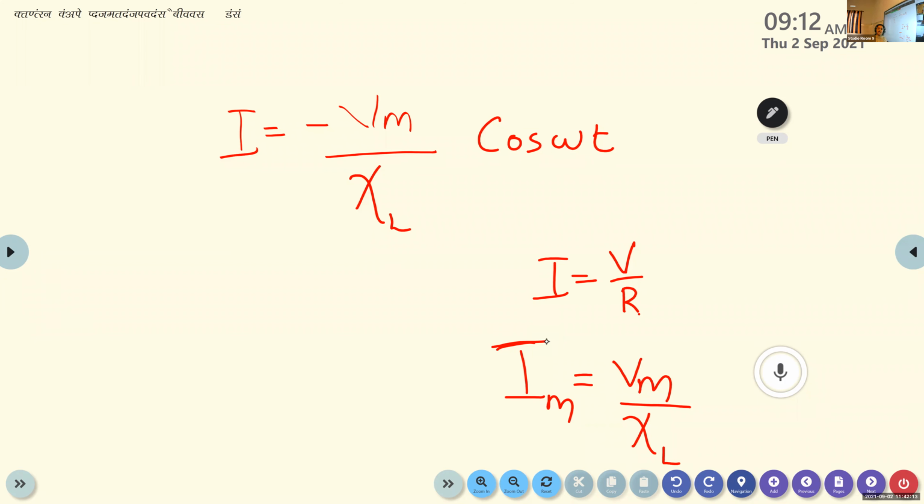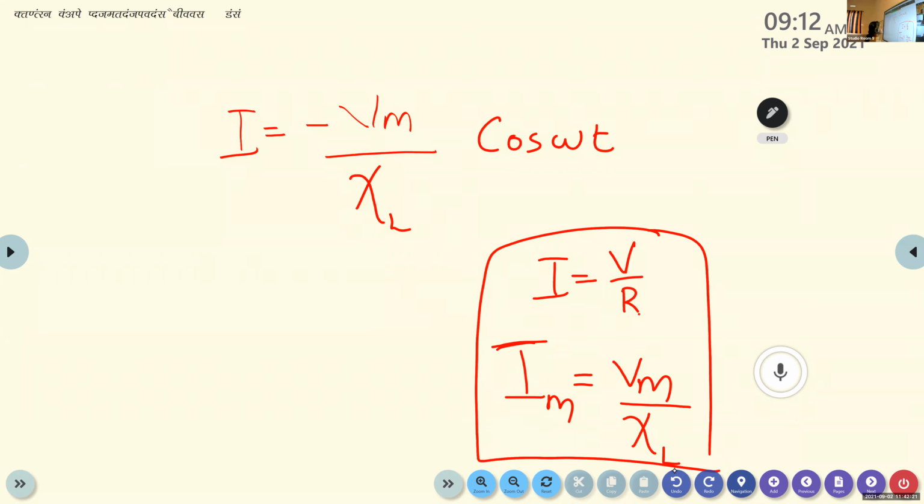So we can write Im is equal to Vm by XL. Vm by XL is equal to Im.